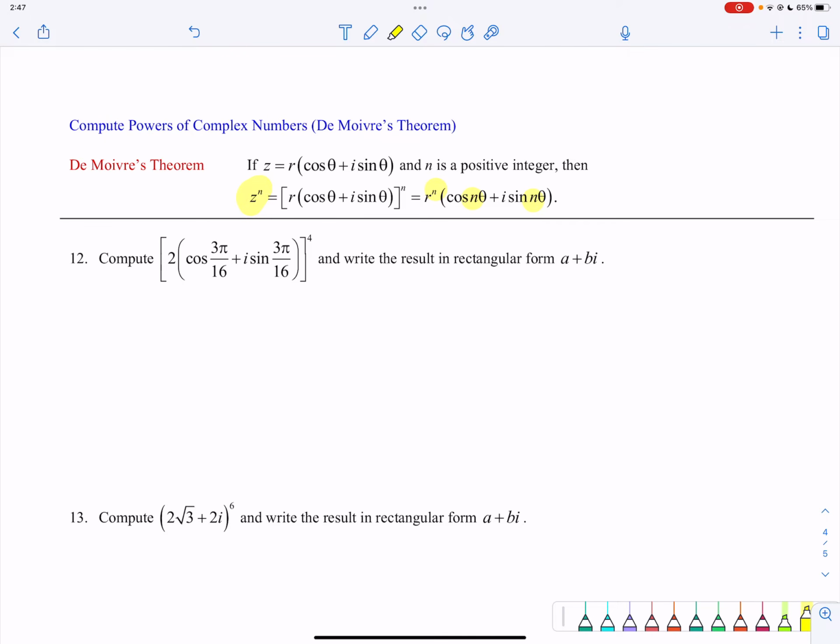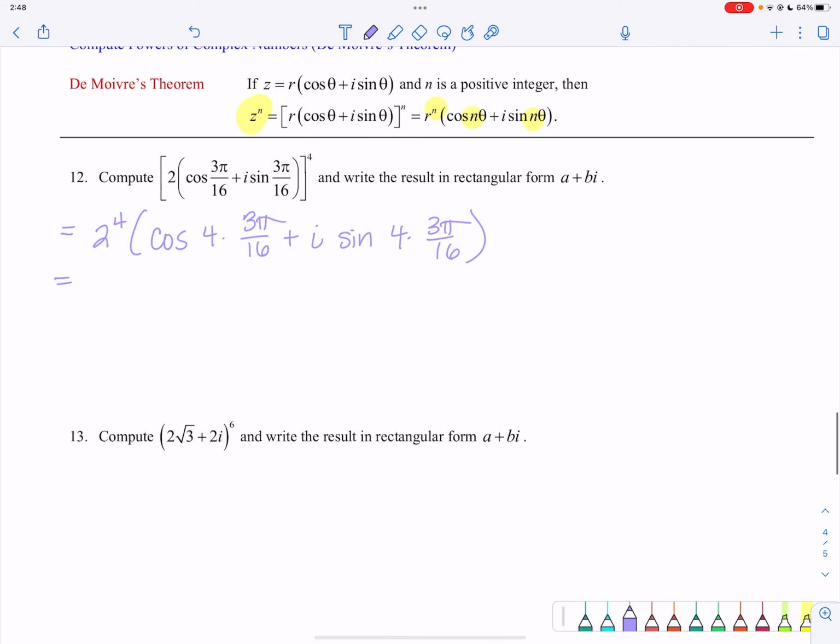Okay, so let's go ahead and use that theorem. So we would say that that is equal to 2 to the 4th multiplied by the cosine of 4 times 3 pi over 16 plus I multiplied by the sine of 4 times 3 pi over 16.